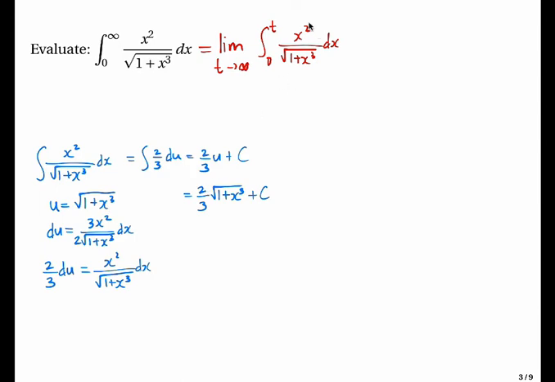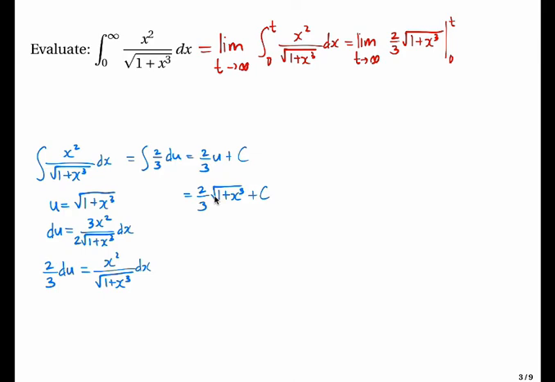So going back to this definite integral, we now write this as the limit as t approaches plus infinity of 2/3 square root of 1 plus x cubed, and we evaluate this from 0 to t.